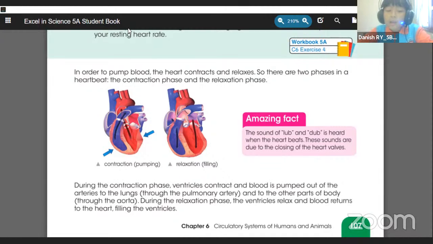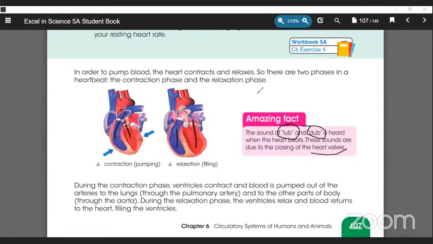Actually, it's like lub, dub. The sound is not like lub, lub, lub, but like this, because it's close to our heart.